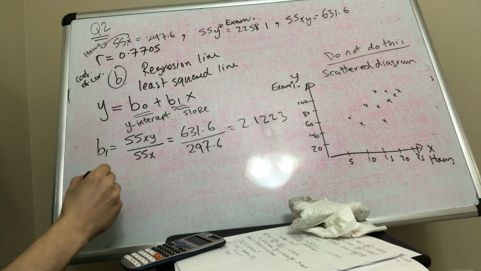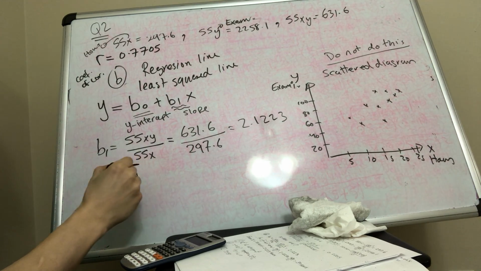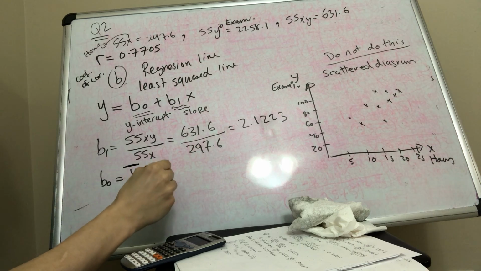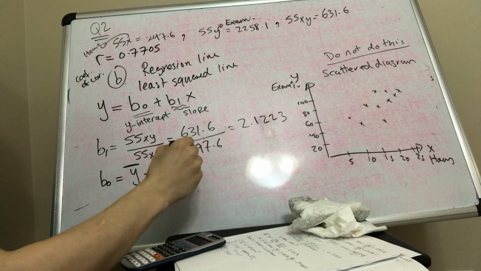And then you find the intercept. That's average of y minus slope times average of x.